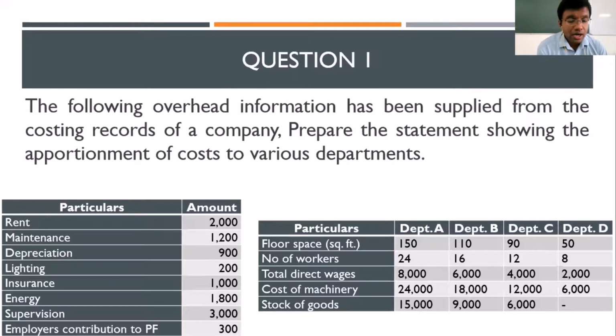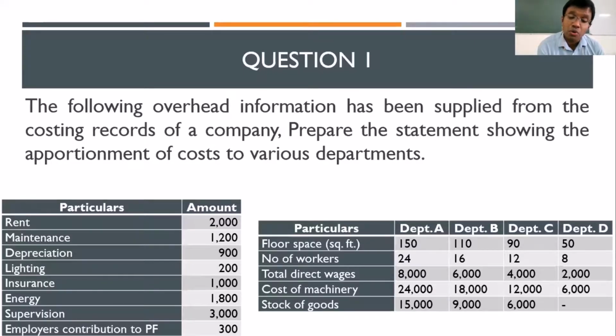Here's another example. You have a maintenance cost of 1,200, but this is the collective maintenance cost, the cost that you're incurring for maintaining all the 4 departments.